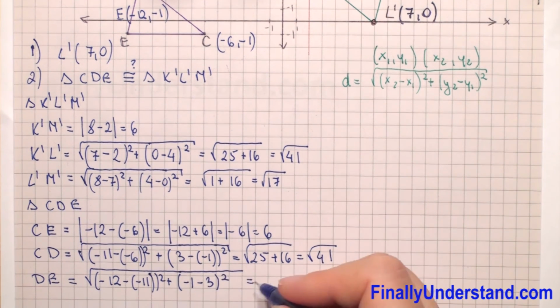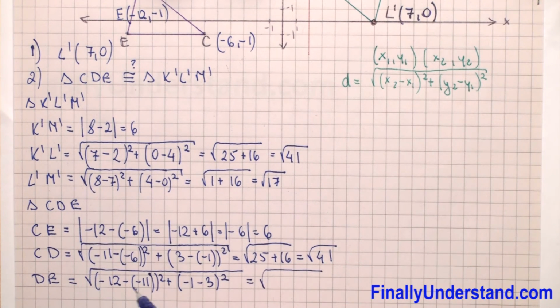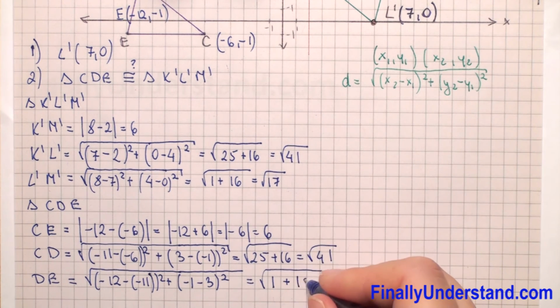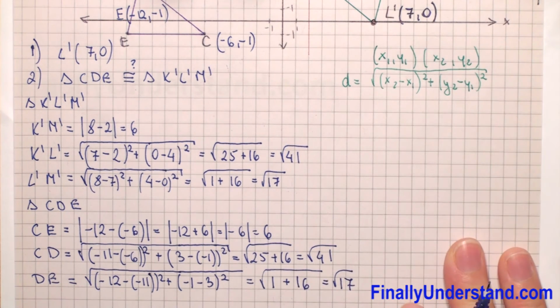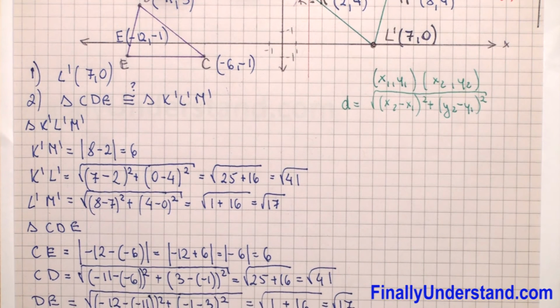So this is equal to the square root of negative 12 plus 11, so negative 1 to the second power is 1, plus negative 4 to the second power, so this is 16, so this is the square root of 17.